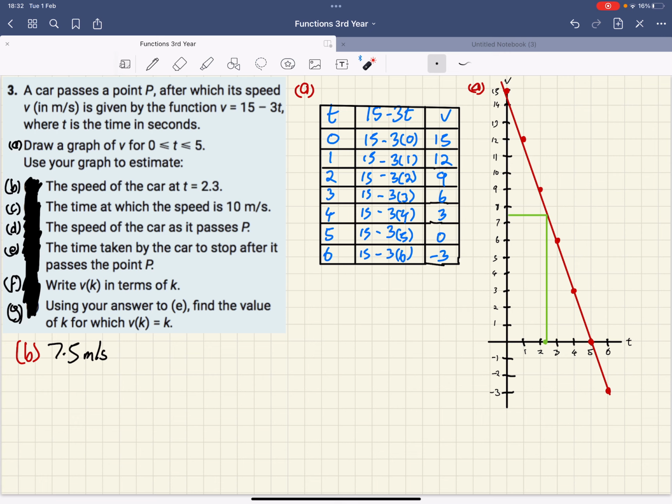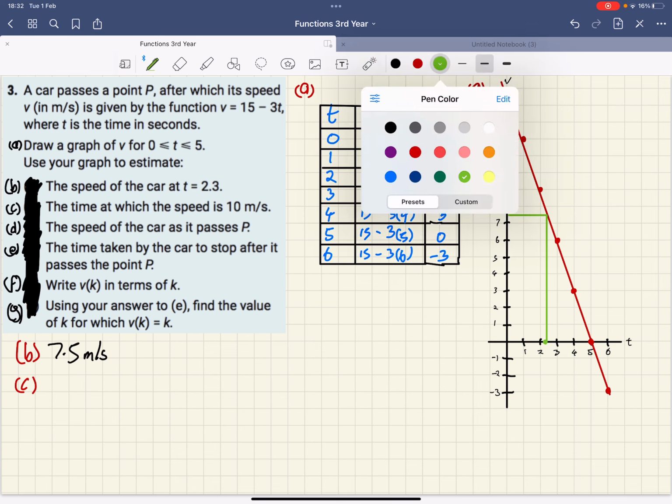Then it says the time at which the speed is 10 meters per second. That's part C. Remember that speed is represented by the v value, so these are all your speed values here. Speed is 10, so this guy here. I'll use a different color for this one.